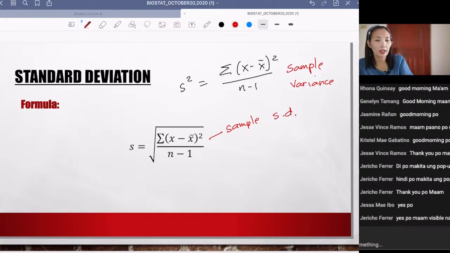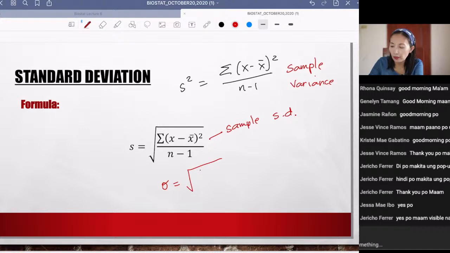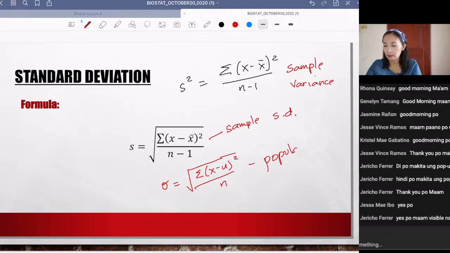Your population standard deviation, therefore, is equal to the square root of the summation of x minus mu squared over n. This gives the population standard deviation.